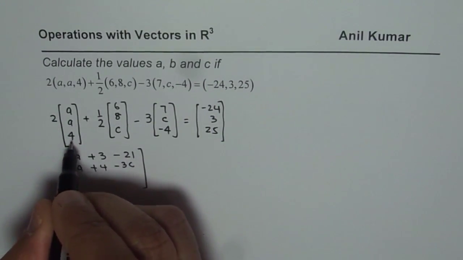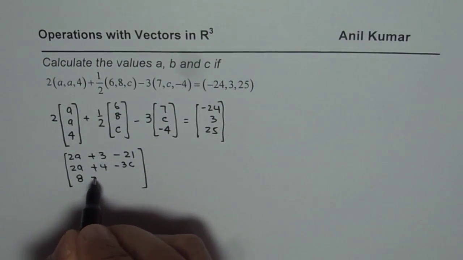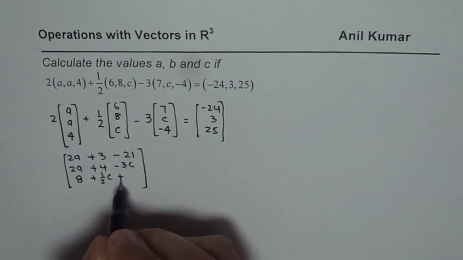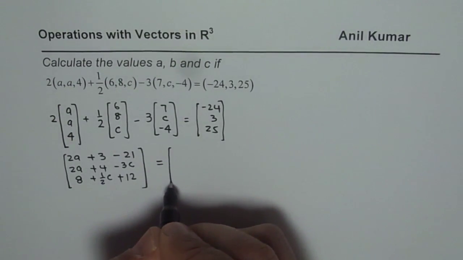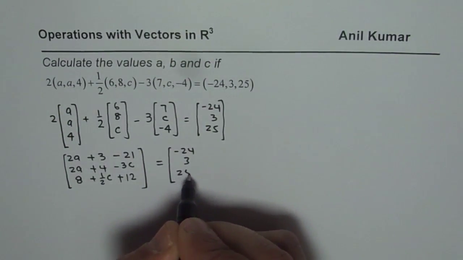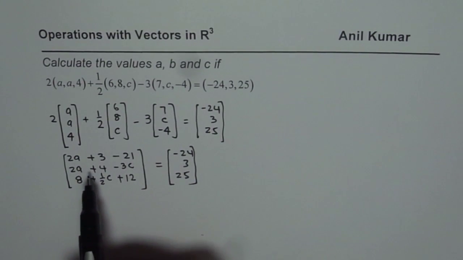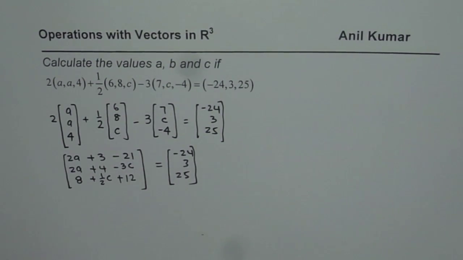And then we have 2 times 4 as 8, plus half of c, and minus becomes plus, and 3 times 4 is 12. This should be equal to (-24, 3, 25). So that gives you 3 different equations, correct? The first equation here is 2a plus 3 minus 21 equals minus 24.